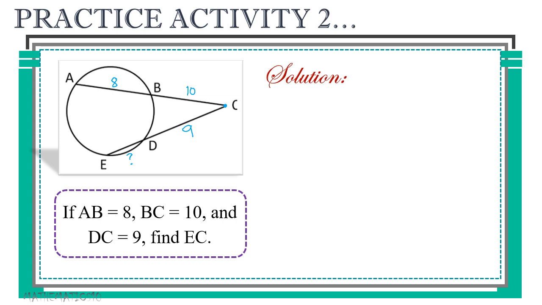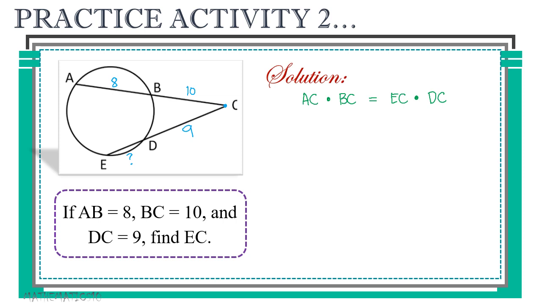Now, let's start with our formula. Secant AC multiplied with its external part, which is BC, should be equal to the product, again, of the secant EC and the external part DC. Now let us substitute already. AC is what? Do you think it's 8? Is it 10?